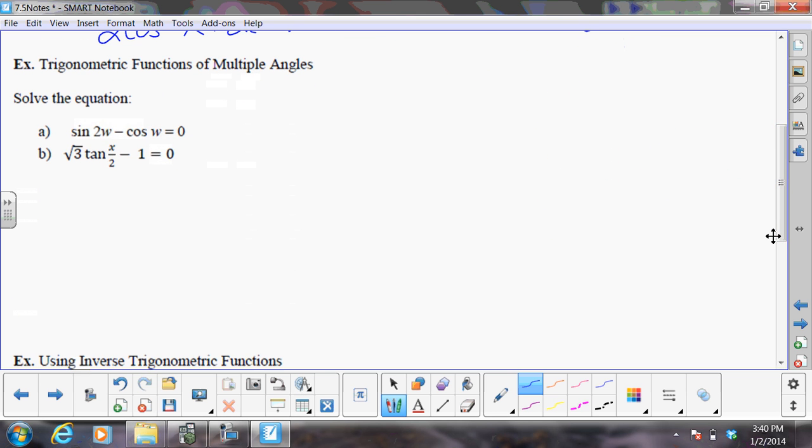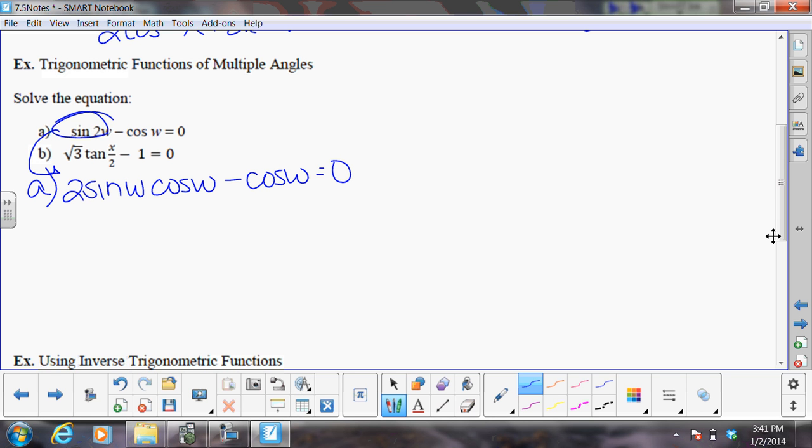All right, multiple angles. Sine 2w is a double angle formula, which means we actually change it. So this will change to 2 sine w cosine w from the formulas from earlier. Well, we have two terms. They have a common cosine w, so factor that out.